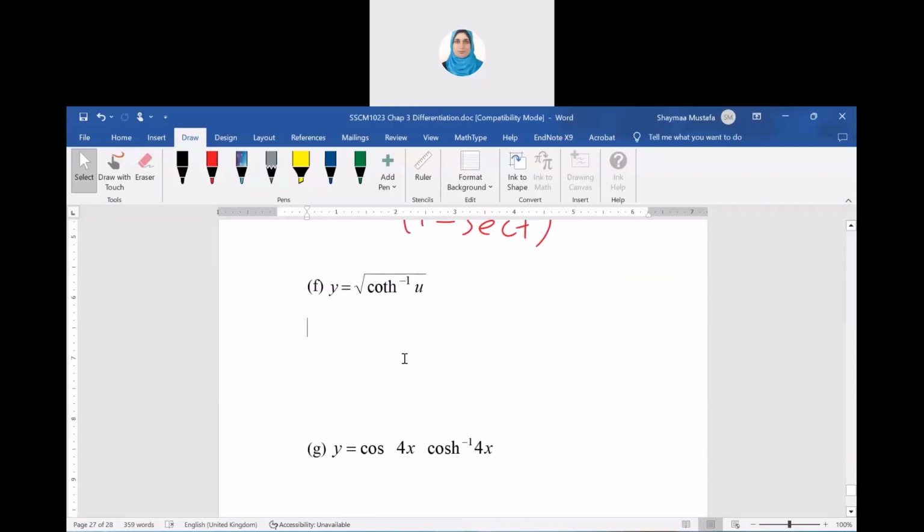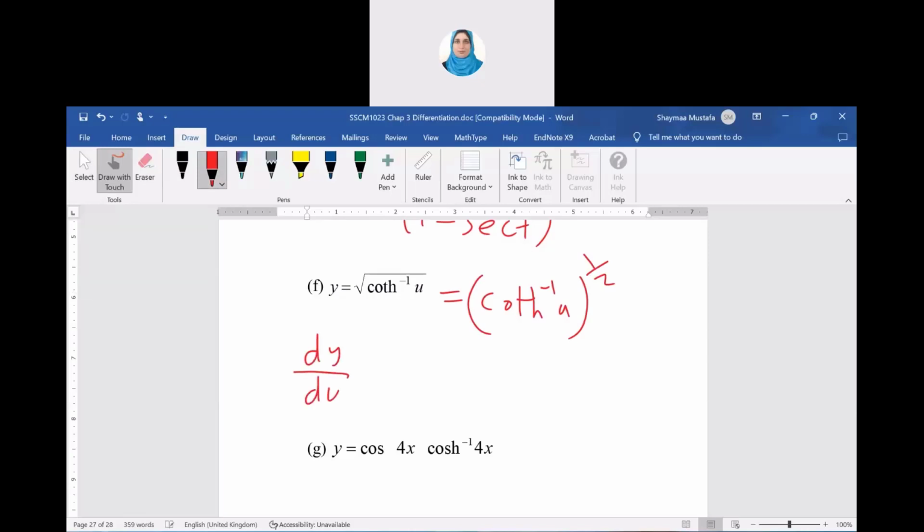Same for y equals square root of cos inverse u. You need to define this as cos inverse u to the power 1 over 2. So you have to start from the power. So dy over du will be 1 over 2 cos inverse u to the power 1 over 2 minus 1, which is minus 1 over 2.